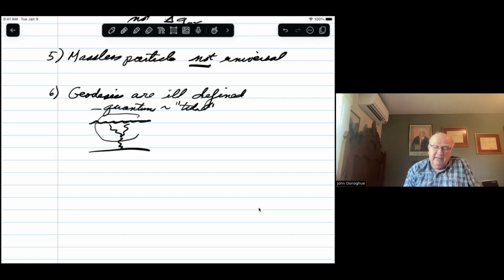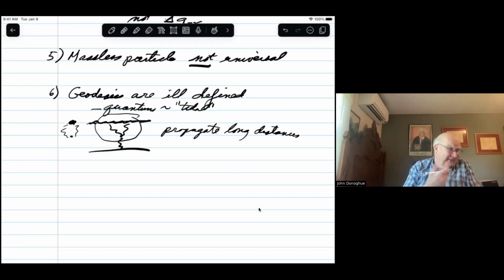But the fact that the graviton and the massless particles can propagate long distances means that the propagation is not just sensitive to the metric at some point. You're sensitive to the metric at distant points also. And so you don't expect geodesics to survive, and they don't.